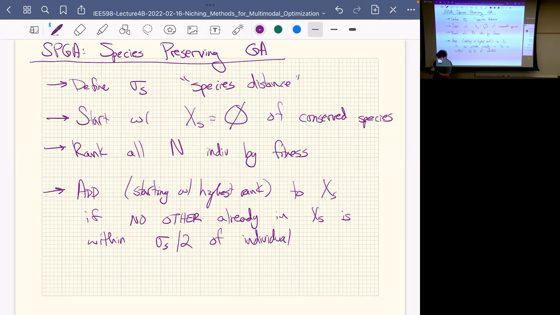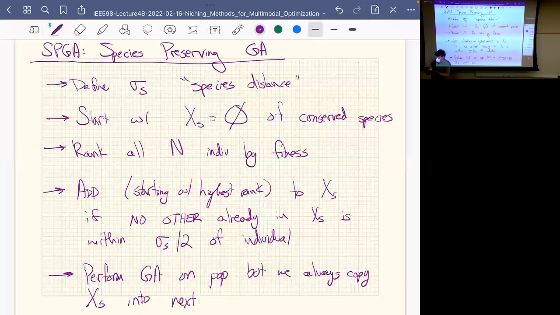And then we perform GA operations on the population, but we always copy the conserved set into the next generation.